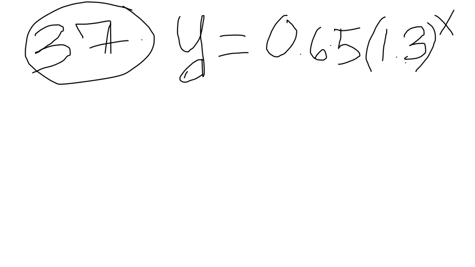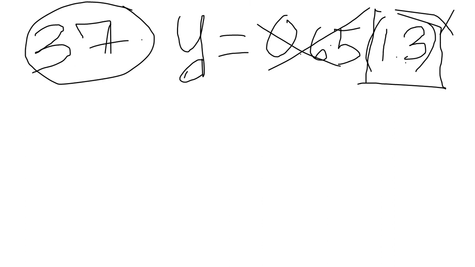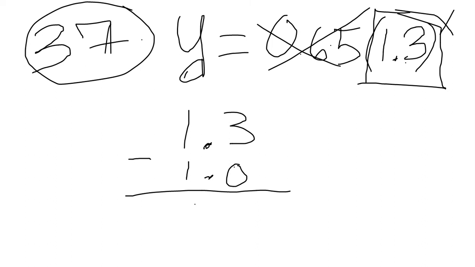So again, when we're talking about percent increase or decrease, we don't really care about a. What's going to determine this is just our b value here. So all we need to do here is take my b value of 1.3 and subtract 1 from it. So when I do that, clearly I just get 3/10 here.